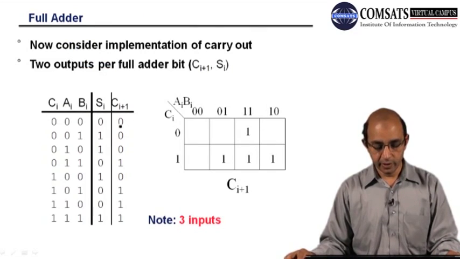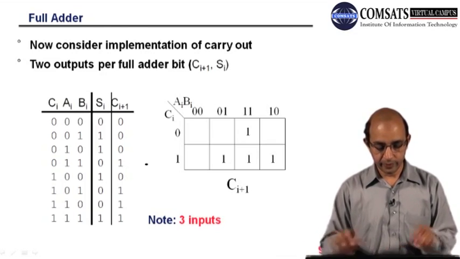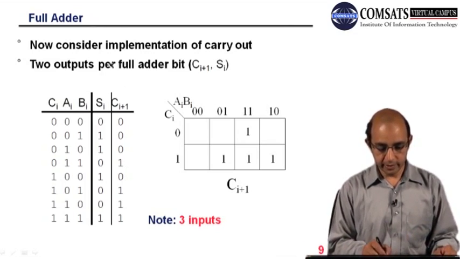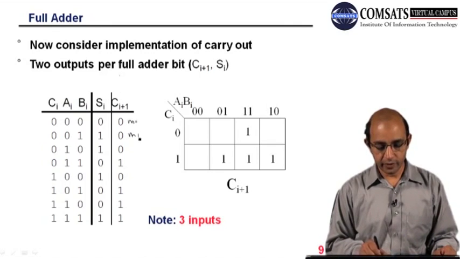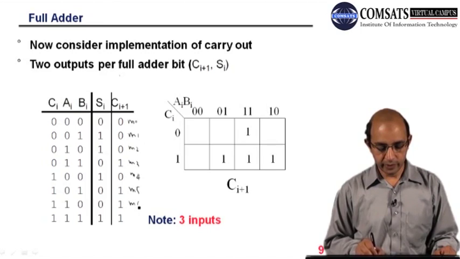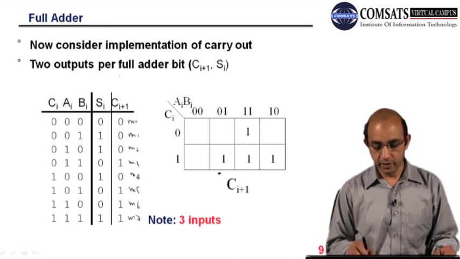So if you see here, again we have to place M0, M1, M2, M3, M4, M5, M6, M7, right? So let me do it differently.